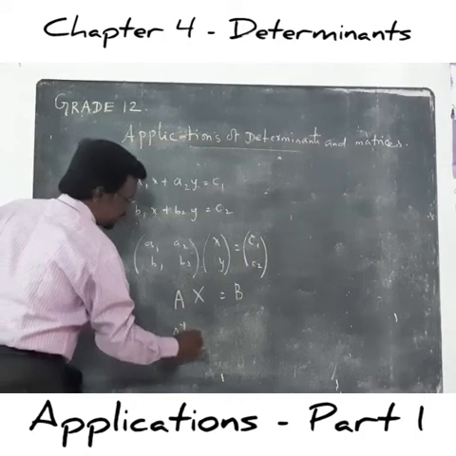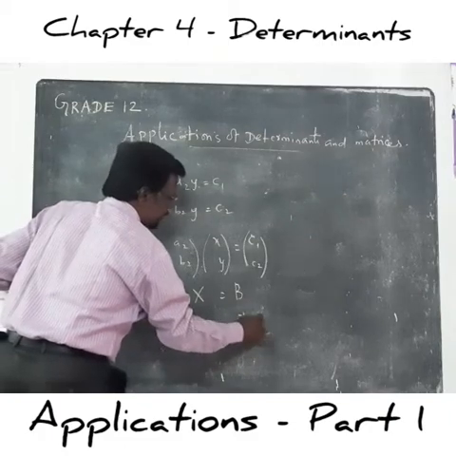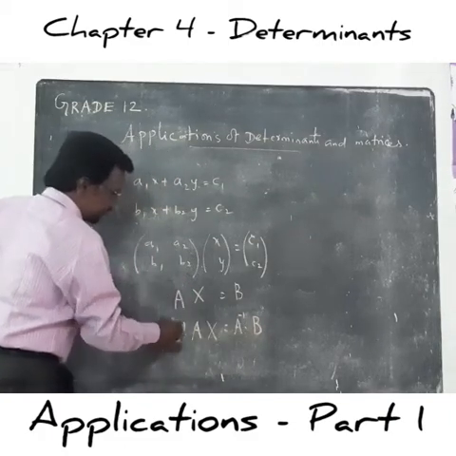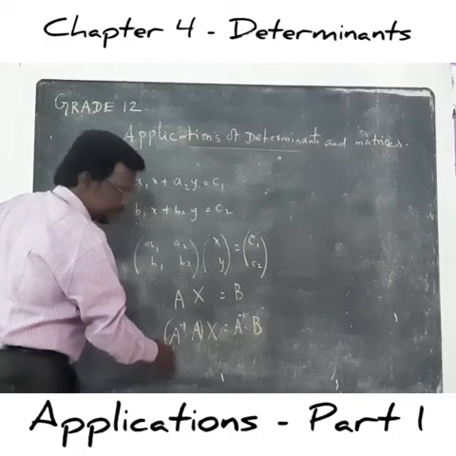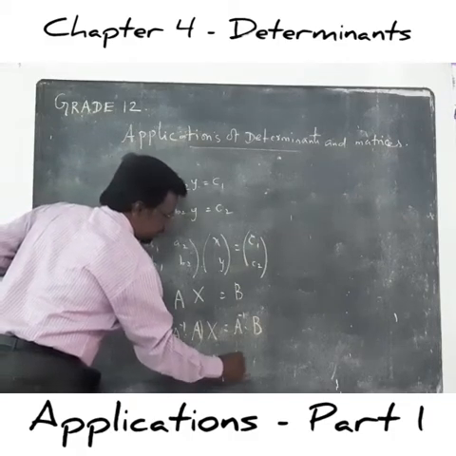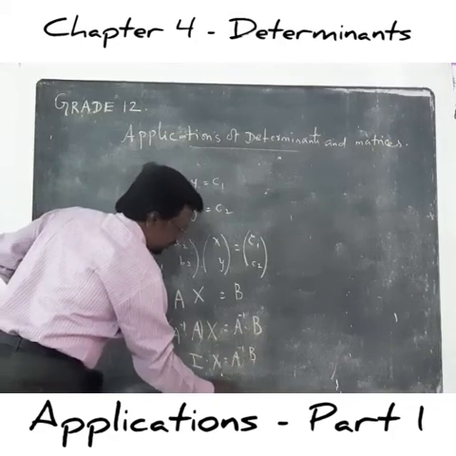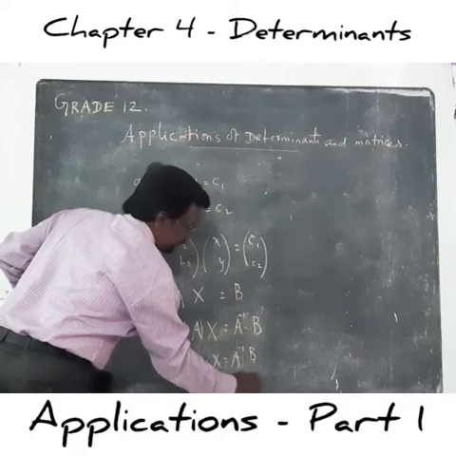A inverse into A into X is equal to A inverse into B. What is A inverse into A? It's nothing but I, the unit matrix. I into X is equal to A inverse into B. So X is equal to A inverse into B.